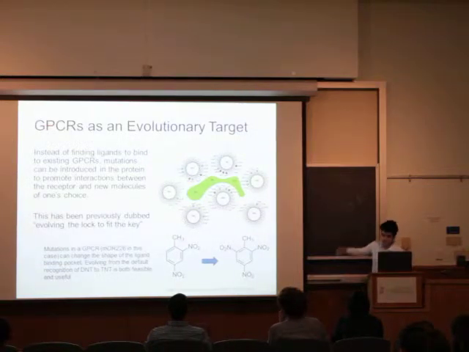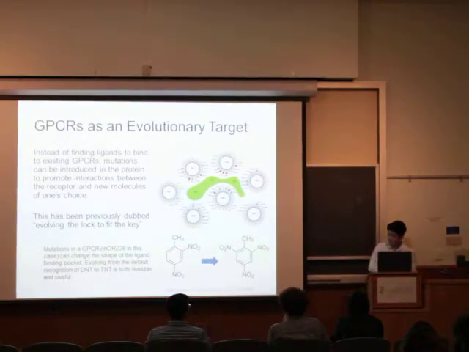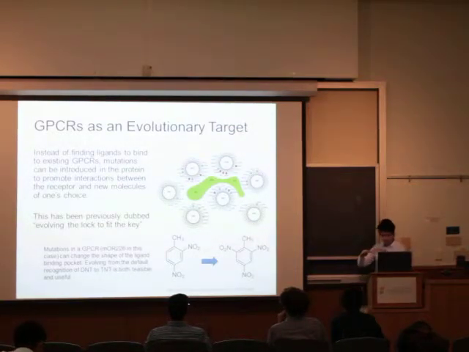This diagram in the top right is an overhead view of the 7 transmembrane domains of the GPCR, and in green is the ligand binding pocket, which exists somewhere in the mid-level of the helices.